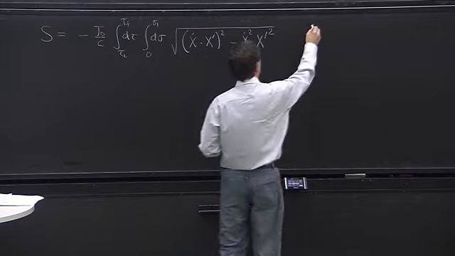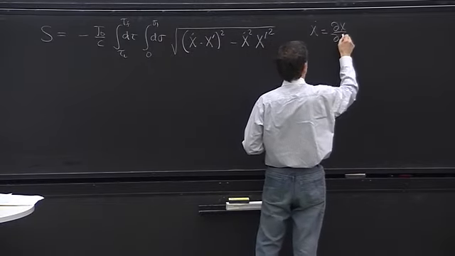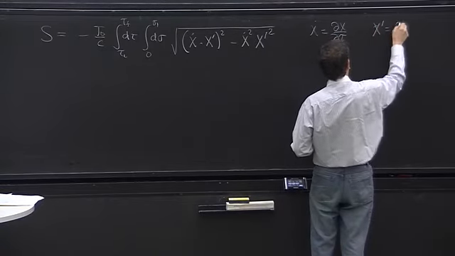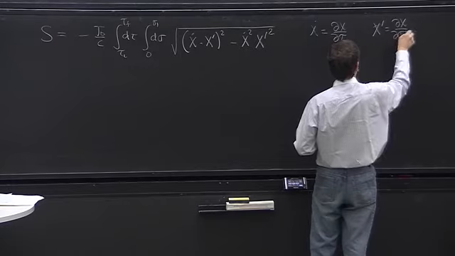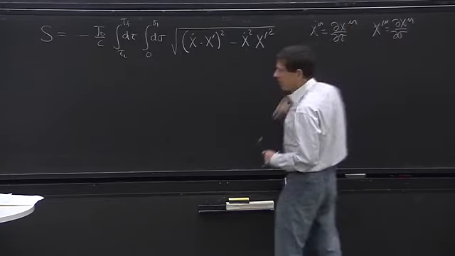And dot and primes refer to derivatives with respect to tau and derivatives with respect to sigma. And they have a mu index over here.